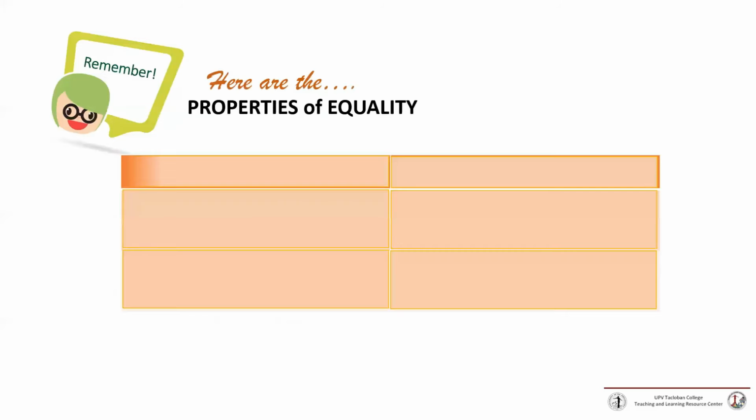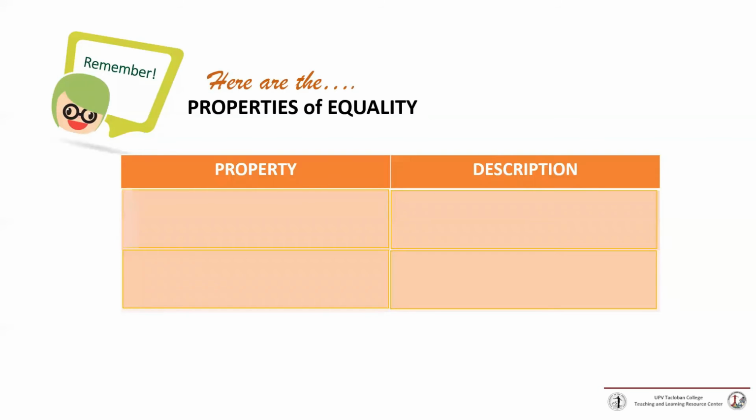Okay, so this time, here are some important properties of equality. In the first column, we have the property, and in the second column, we have the description.